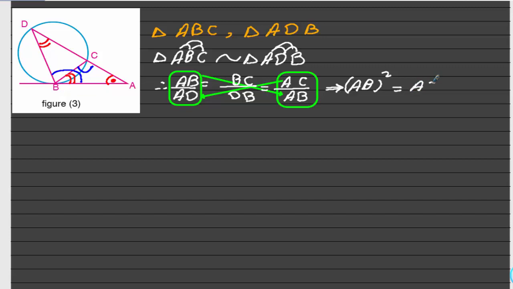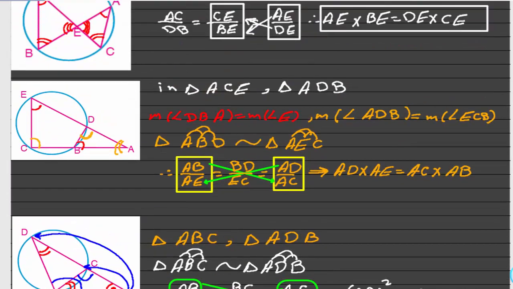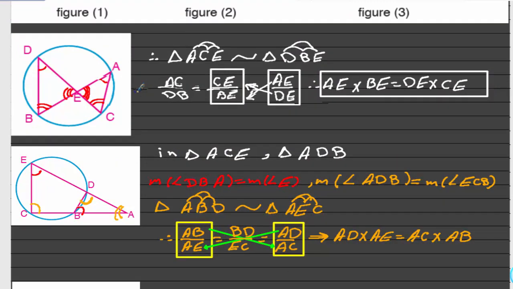So let us go to the figure again. We have AB power 2, AB multiply AB, equals AC multiply AD. Okay, these three rules in the figures, we will use to prove and to solve some questions.